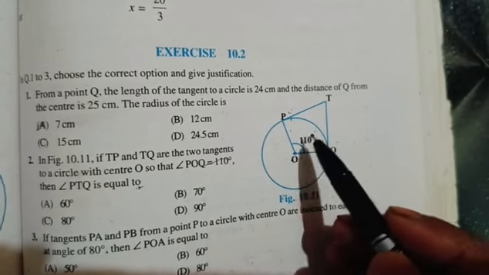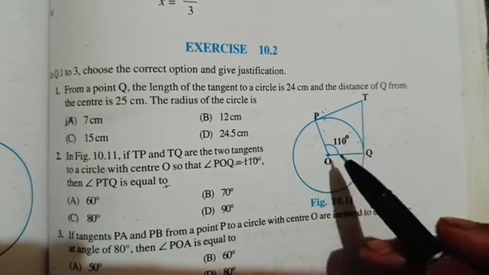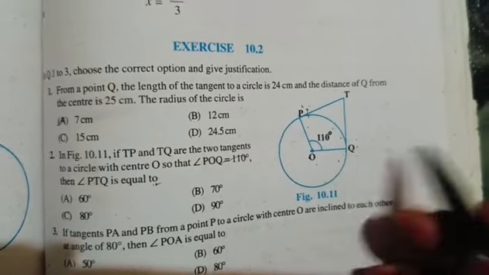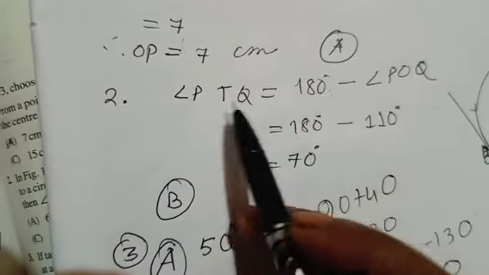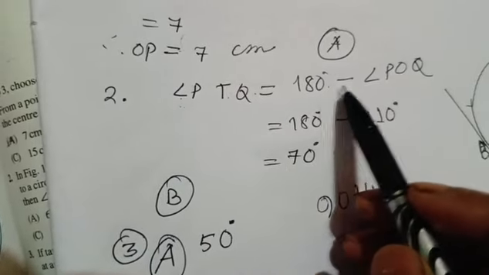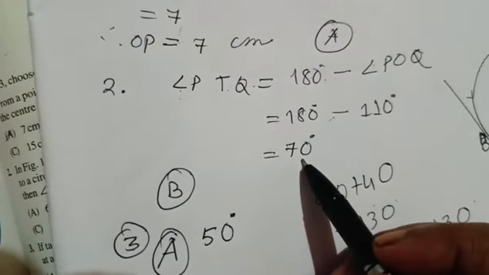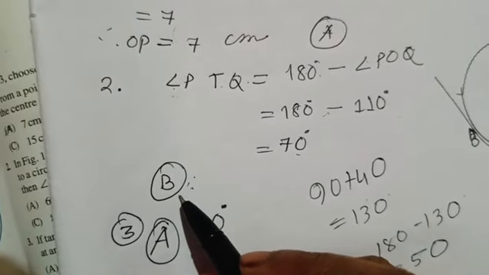We will learn later in the exercise that PTQ and POQ are supplementary angles. Since they are supplementary, their sum is always equal to 180 degrees. Therefore, PTQ is equal to 180 minus POQ, which is 70 degrees. So option B is correct.